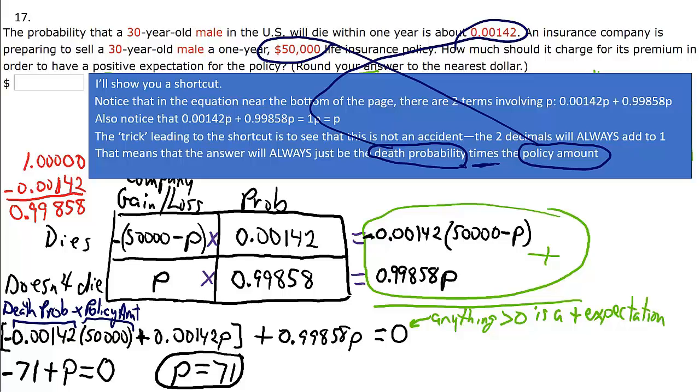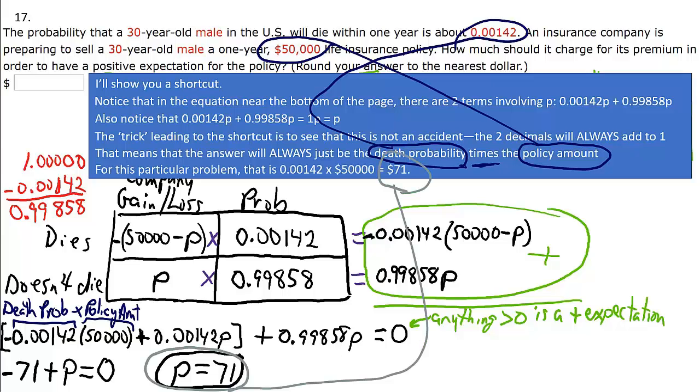Well, it came from taking 50,000 and multiplying it by 0.00142. That's where the negative 71 when it was on the left side, or the 71 when you moved it back over, came from. So it turns out that I can just take the value of the insurance policy, which in this case is $50,000, and multiply it by the probability, and that will give me the answer without doing any algebra.